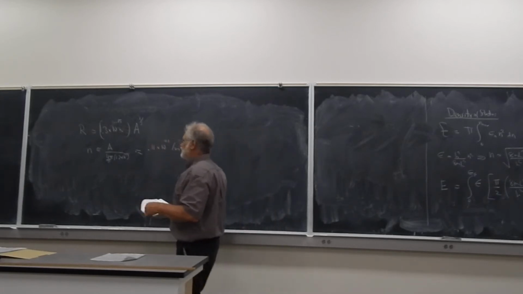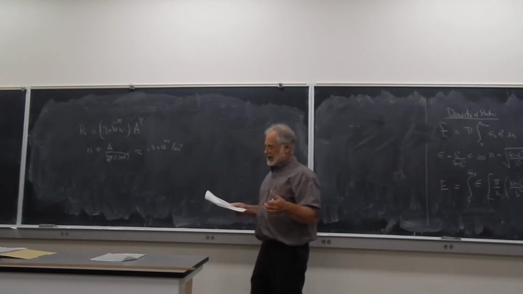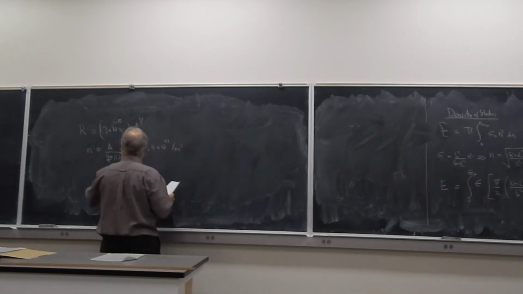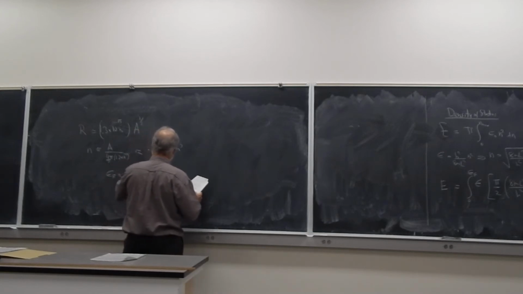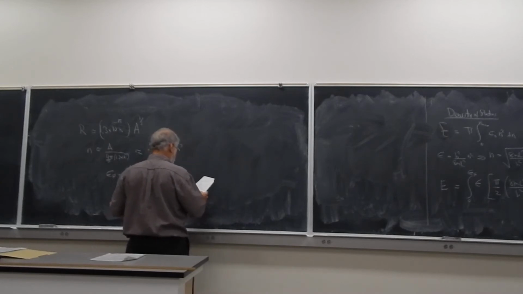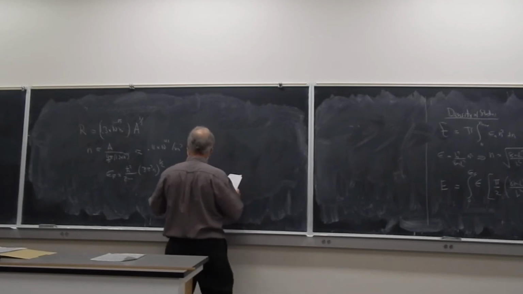Now, the Fermi energy of protons is not necessarily the Fermi energy of neutrons, but for this case, let's assume they're about the same. Fermi energy, I can write as h bar squared over 2m, 3 pi squared n, to the 2/3. And n is the number of protons or neutrons, whatever the case may be.